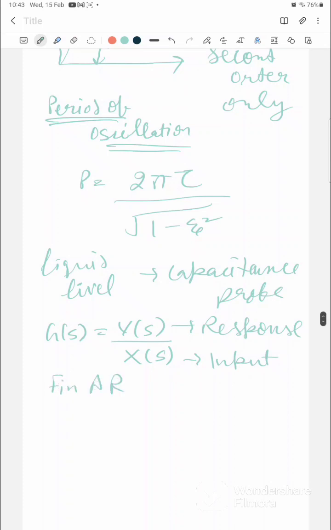Find AR from the transfer function G(s). G(s) is a transfer function.